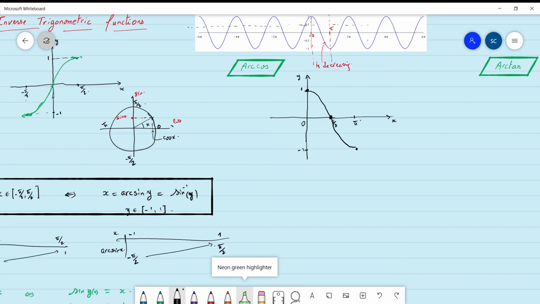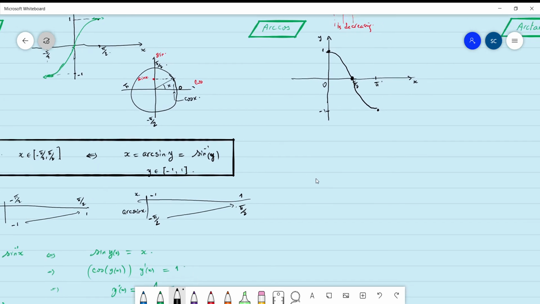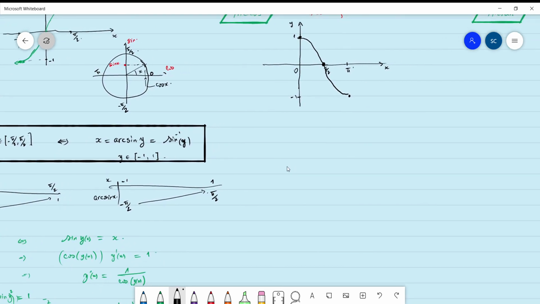And we define our new function arc cosine as follows.